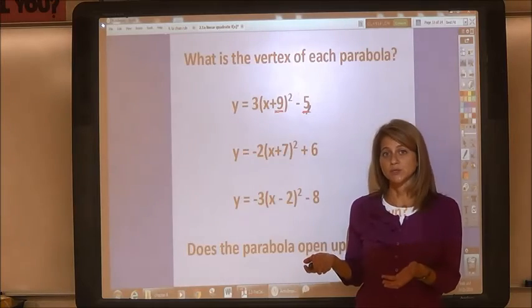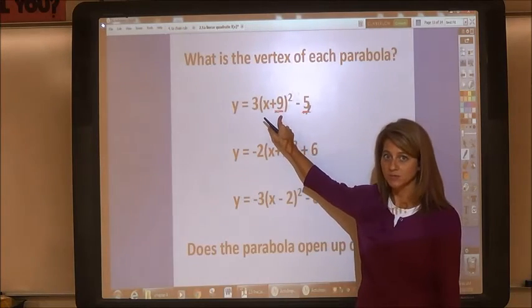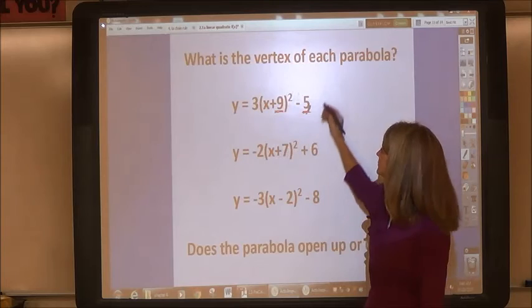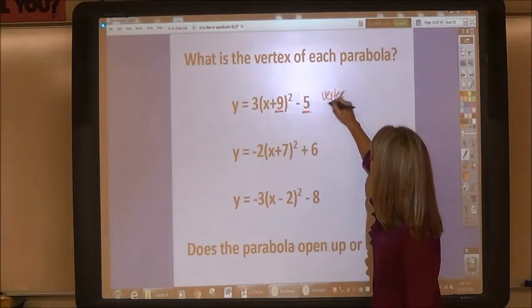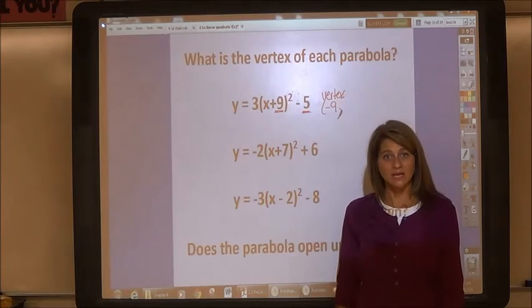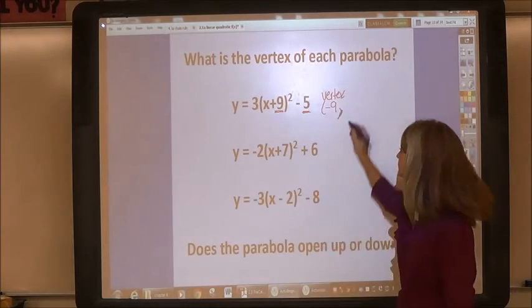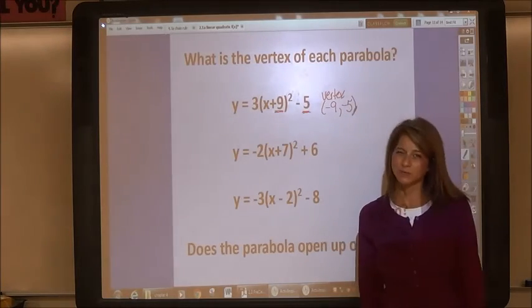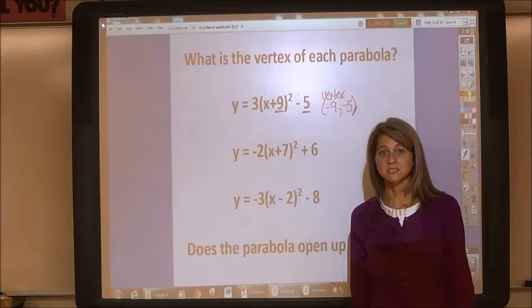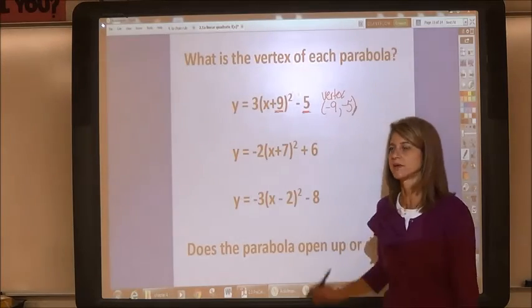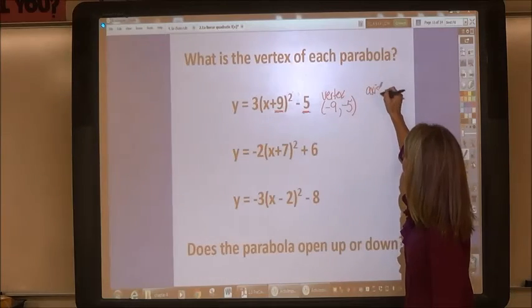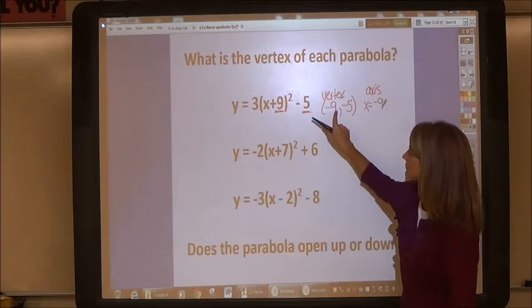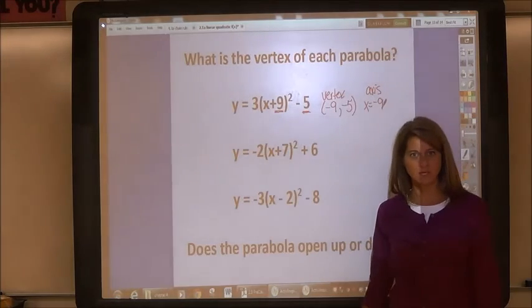So when you're writing your vertex, it's not going to be positive 9, it'll be negative 9, but that 5 still stays 5. And if we need to write our axis of symmetry, that's your x value. It's right there. It's kind of easy, right?